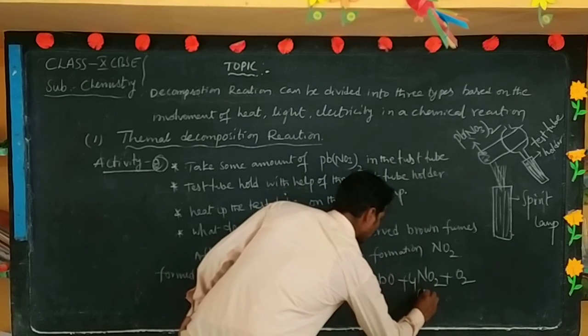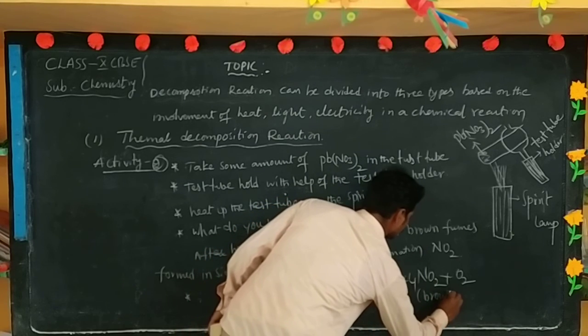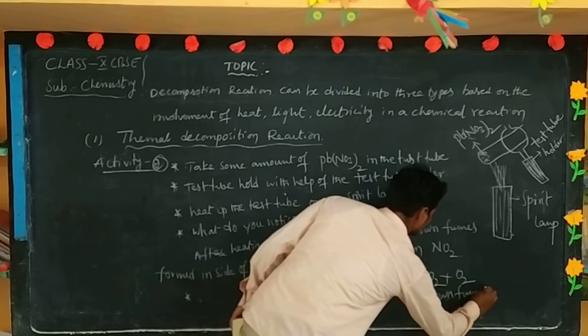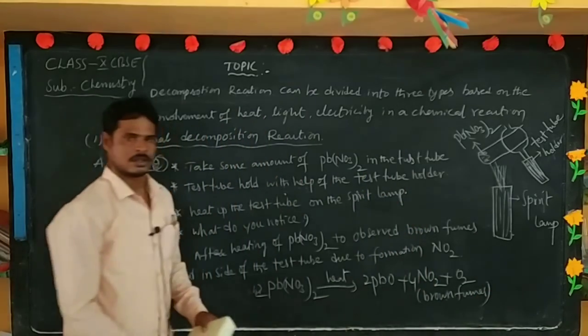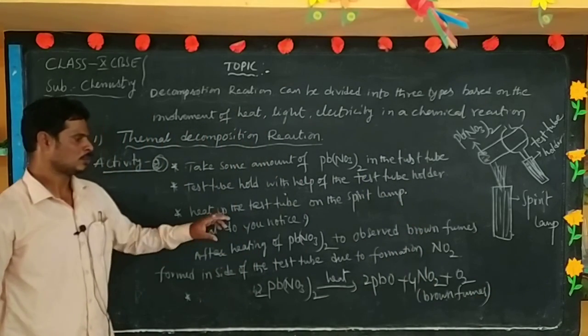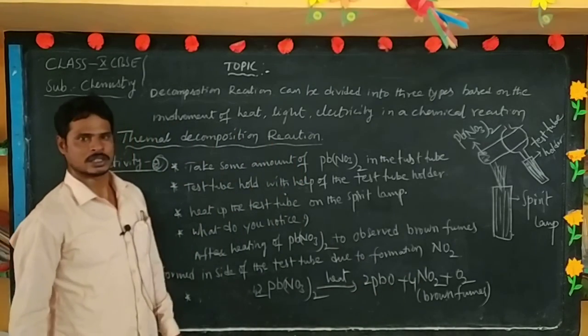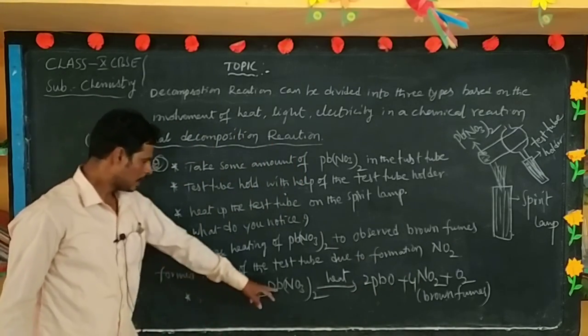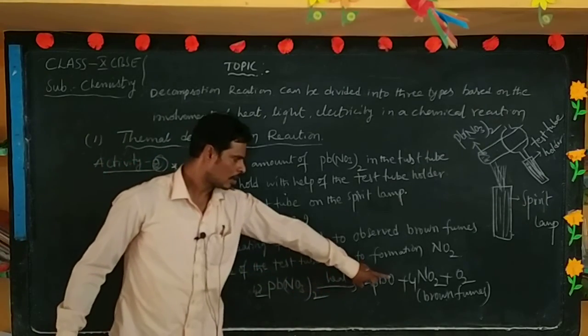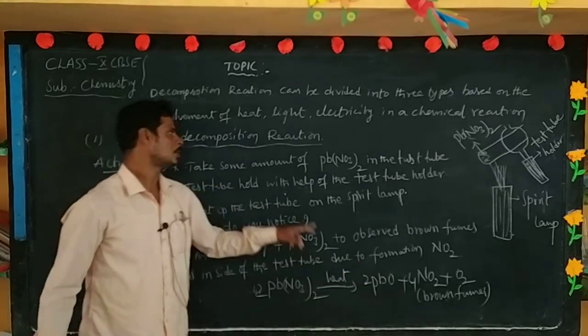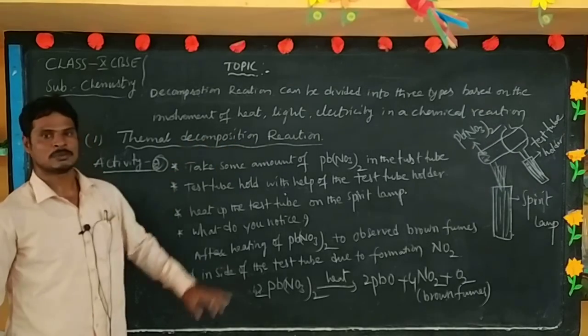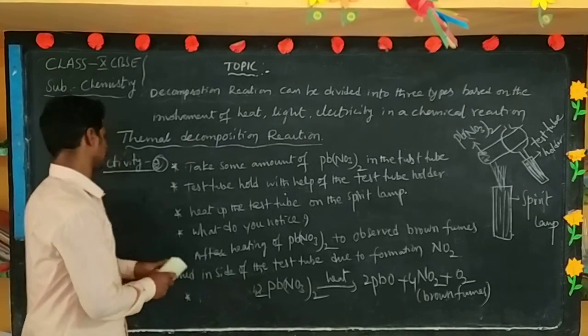So this is the brown fumes. In the above activity, brown fumes are formed because of formation of nitrogen dioxide. Here what happens? A bigger compound is converted to smaller compounds in the presence of heat. That's why we are calling it thermal decomposition reaction.